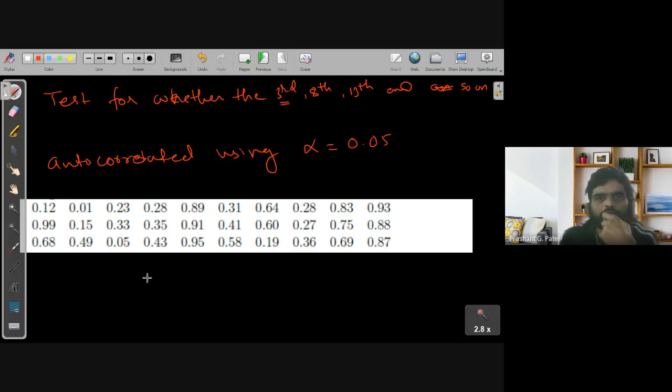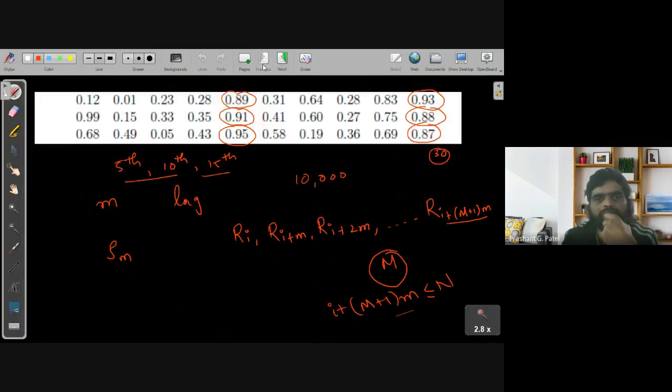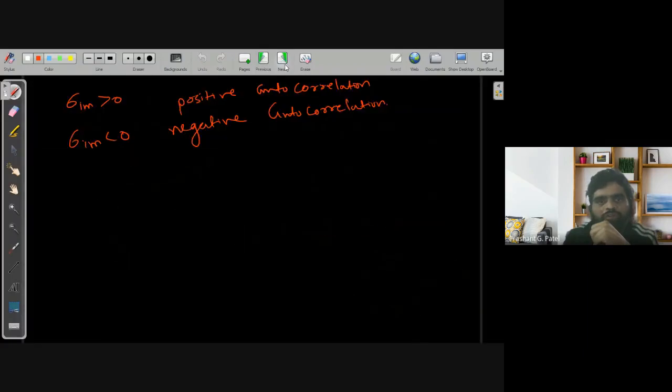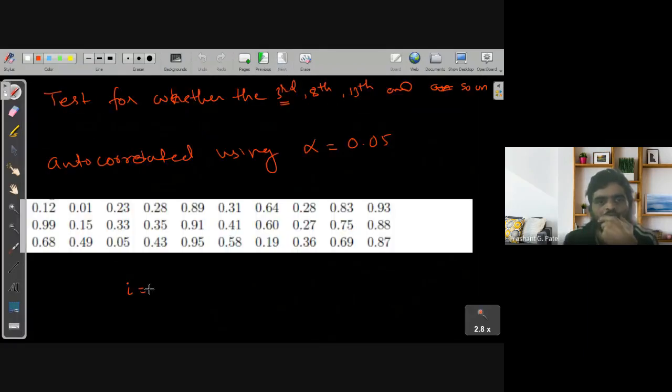So first of all, what is your small i? As per the previous things which we have started, that is Ri plus m and it goes on. We have to calculate what capital M is also here. The capital N value, according to this, is 30. So let us write all this information. Small i, due to this, is 3.